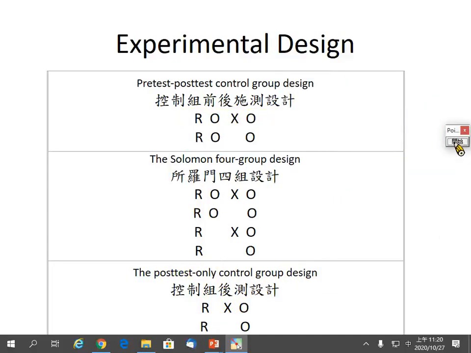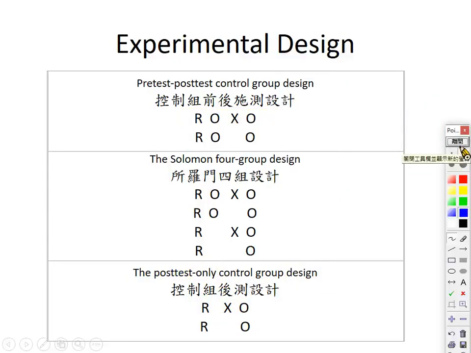So look here. In this design, in the pre-test, post-test control group design, we have a baseline to begin with. So we know the difference between 65 and 85. We know there's an advancement of 20 points. We know that.